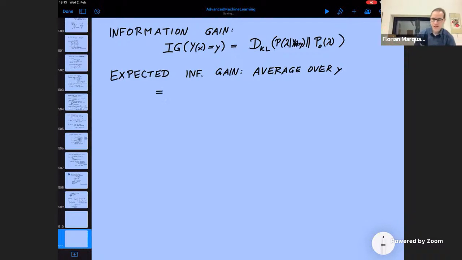And now it turns out, and I think we discussed this before, that this expected information gain, so the average over this Kullback-Leibler, is exactly the same as the expected reduction of the entropy. So again, that would mean you calculate the entropy over the prior.